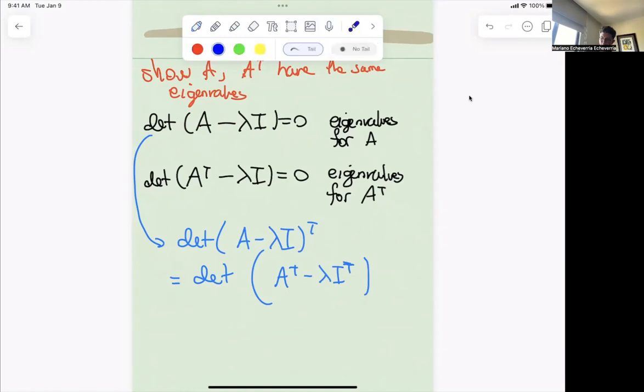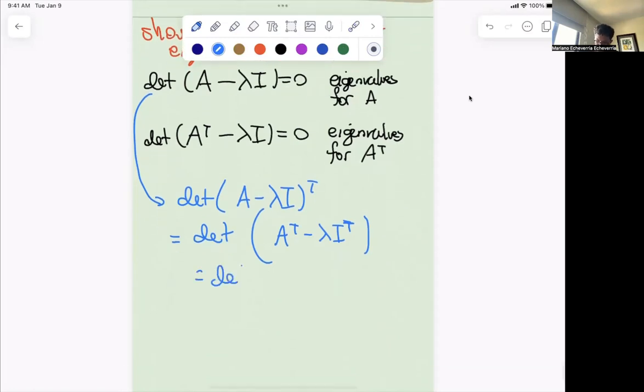It makes sense because the transpose is just changing rows with columns, so if you have a sum of matrices and you transpose them, that's like permuting the rows and columns in each of them individually and then combining them.